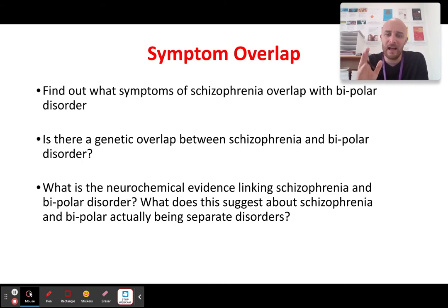Absolutely not. Hallucinations can come up with anxiety. They can come up with severe depression. They can come up with bipolar. They can come up with schizoaffective disorders, brief psychotic episode, or they can come up if you're just stressed. You know, it's actually really common for teenagers to have hallucinations under severe stress. It doesn't mean they're schizophrenic.